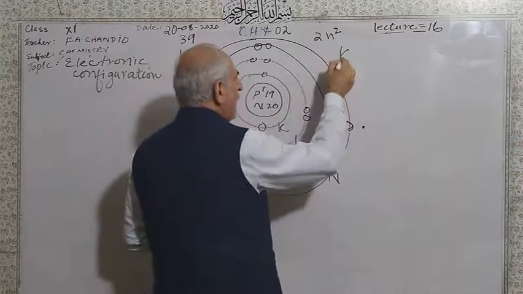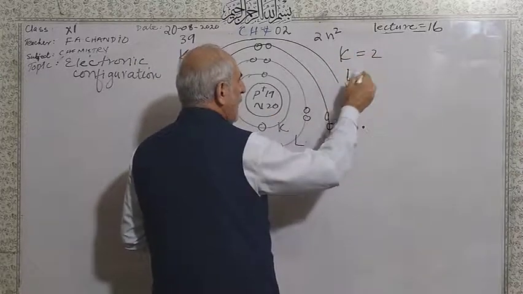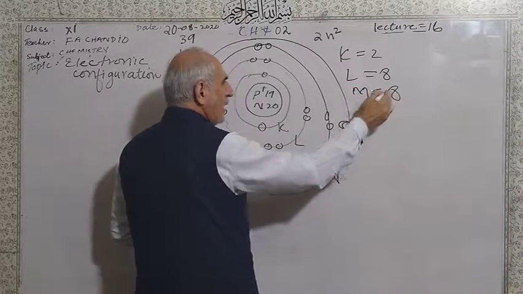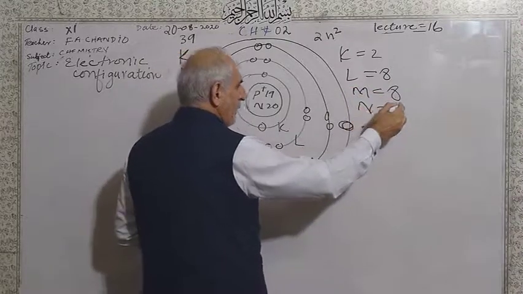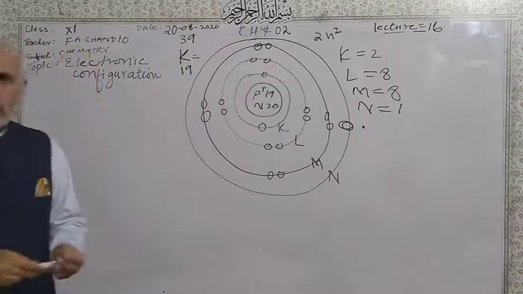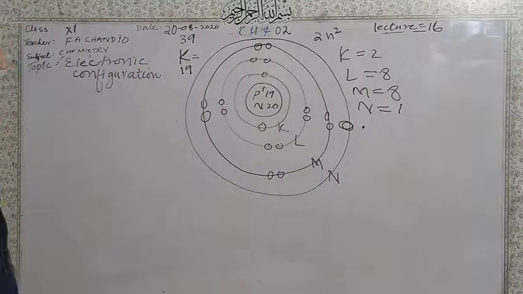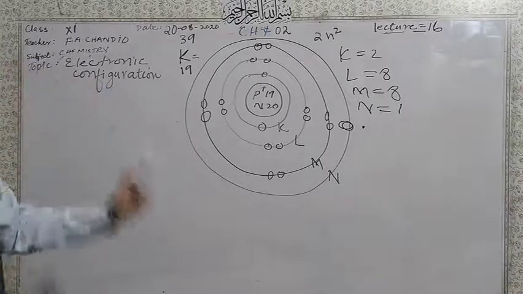So K 2, L 8, M 8 and 1. Students, this is the electronic configuration of potassium according to Bohr's atomic model with its defect.